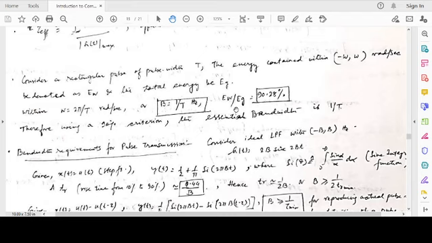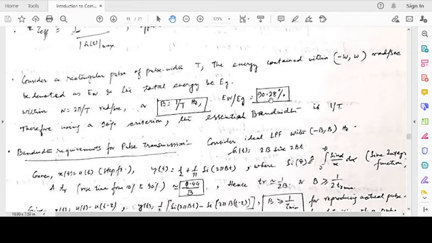For example, I may define my bandwidth such that within it 90% of the total energy is contained. So let's see what we have for a rectangular pulse. If we choose W equal to 2 pi by T, where T is my pulse width, or if it is bandwidth, 1 over T in hertz, then we find that EW by Eg, again left for you to derive, comes out to be 90.28%, close to the 90% criteria.